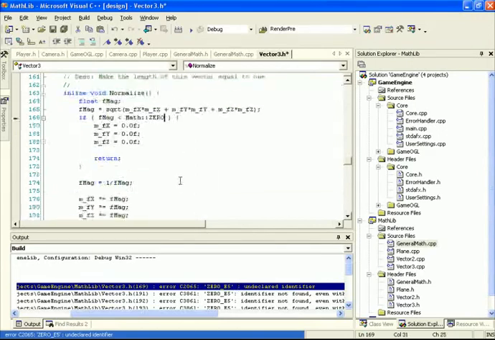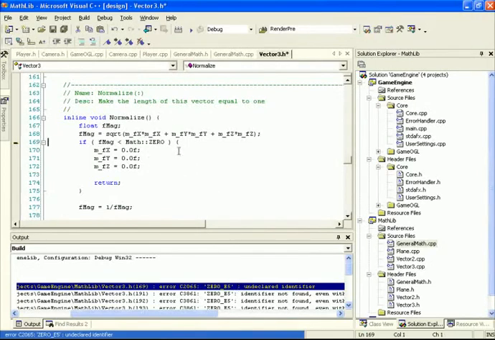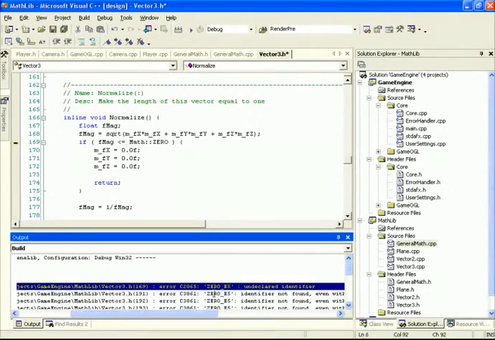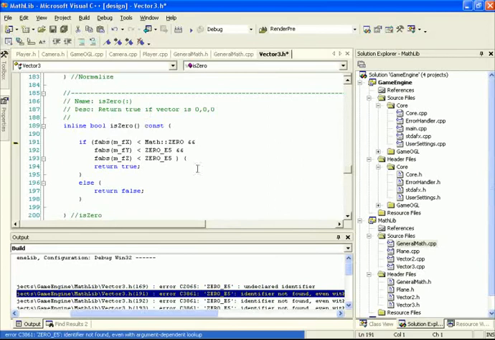I guess I should really be reading the code here to determine what's going on, because we can clean it up slightly here. We have a normalized function, and we want to know whether fmag is less than 0. I think this is fine. We may want to just change this from being less than 0 to be less than or equal to 0. The next guy here is a 0 function call.